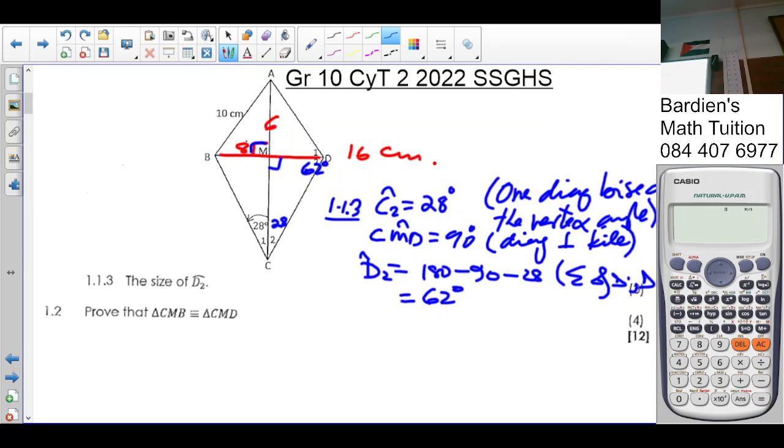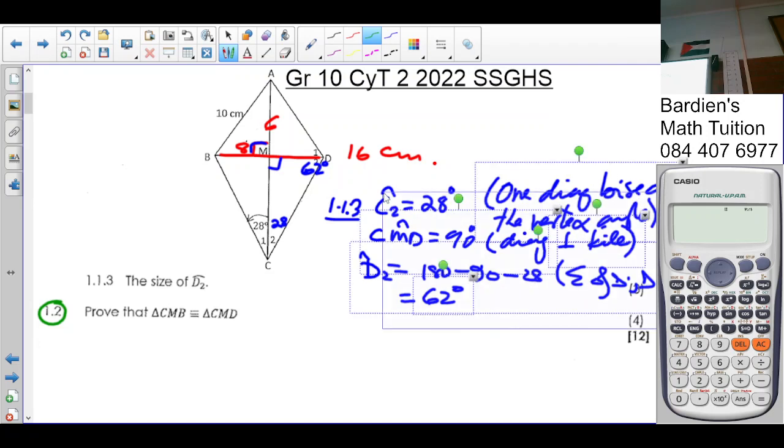And in the next question we are asked to prove that triangle CMB and triangle CMD are congruent. To prove congruency is going to be one of four cases: side, side, side; side, angle, side; right angle, hypotenuse, side; or angle, angle, side.